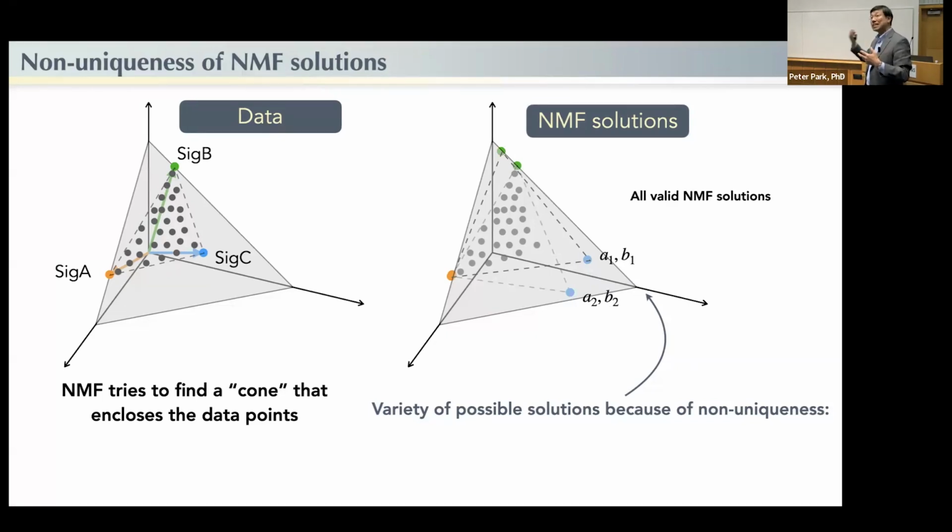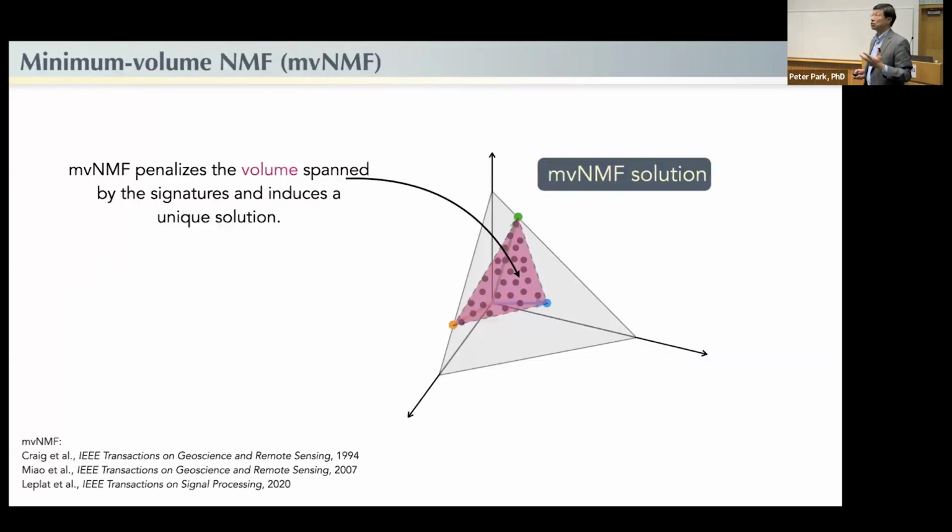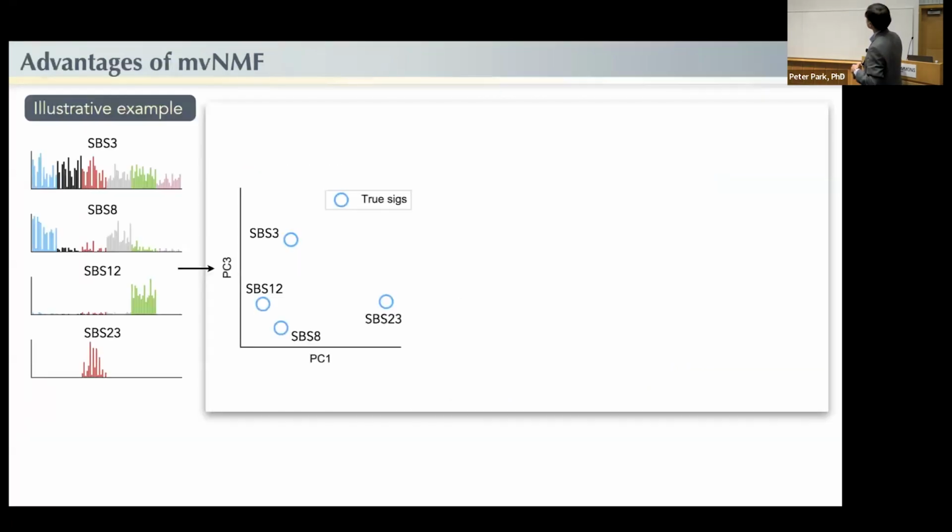So you do it many times, thousands of times, and then take some sort of average. Okay. Well, it turns out that this could lead to misidentification, or false signatures associated. And so one proposal is to use another variant of NMF called minimum volume NMF, where we impose additional criteria to make it more unique.